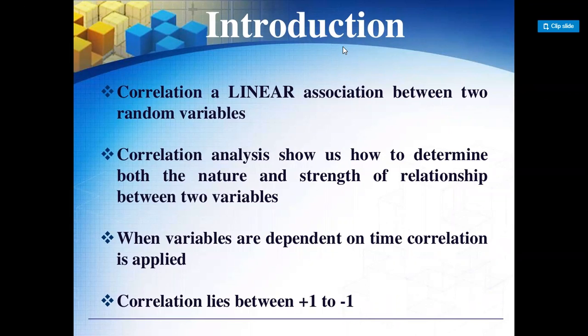But before starting the chapter, I want to tell you that in this chapter, the Spearman's rank correlation topic was deleted by the CBSE for the written examination for this year.